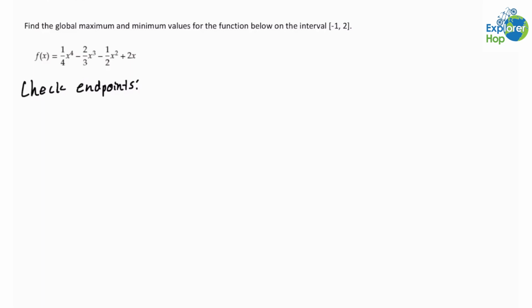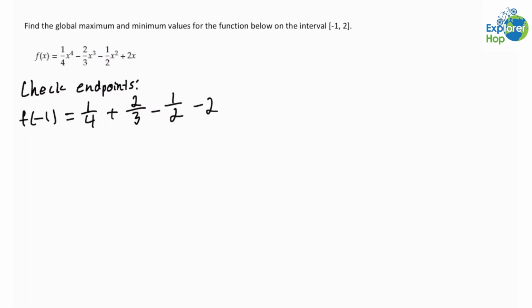So f of -1 is equal to 1 over 4 plus 2 over 3 minus 1 over 2 minus 2.